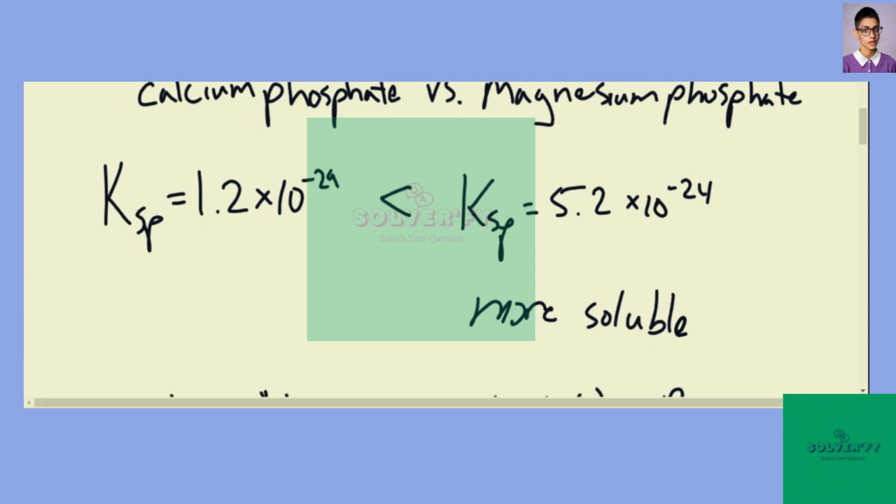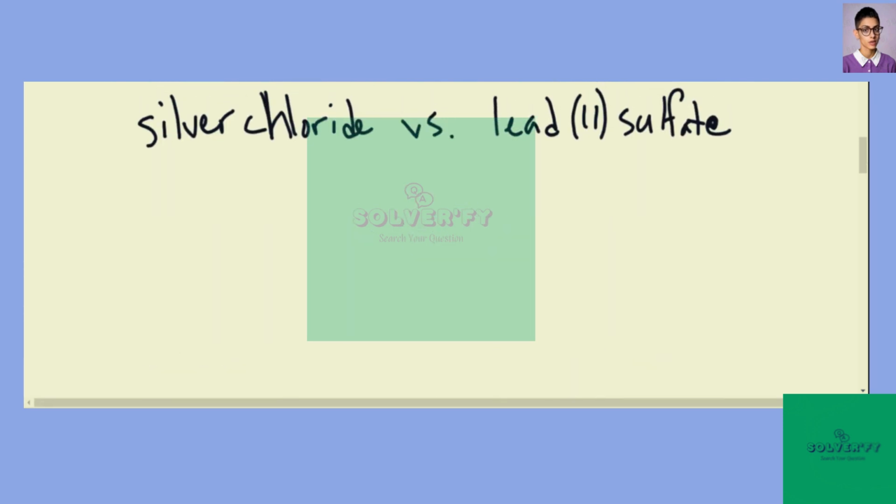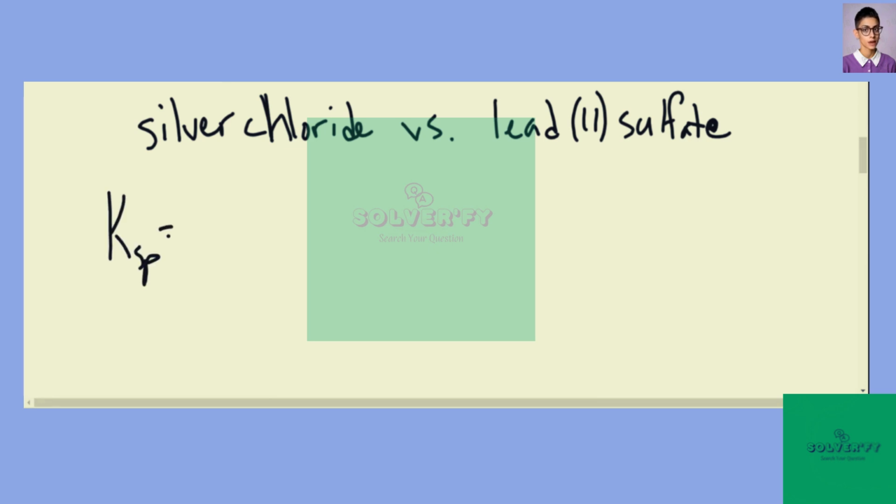Okay, now we can take a look at letter C here. It's silver chloride versus lead sulfate. And again, these both produce an equal number of ions upon dissociation in water, so we can compare their Ksp values directly.